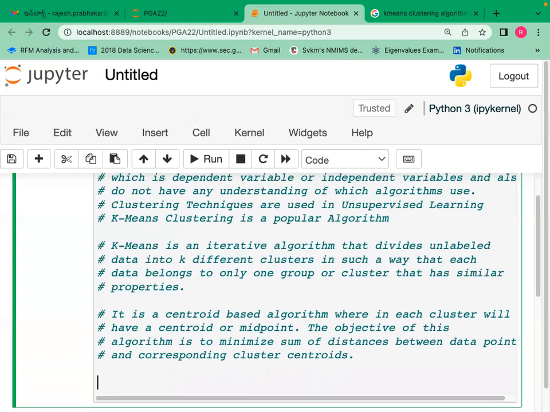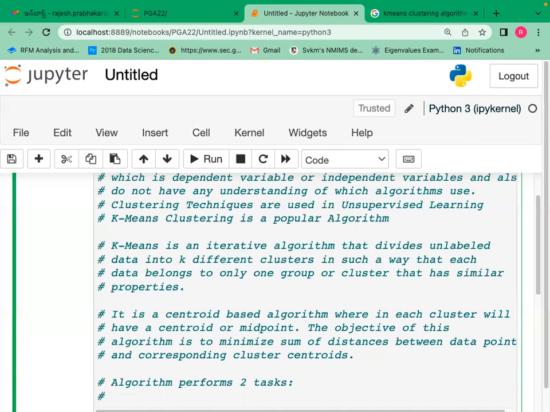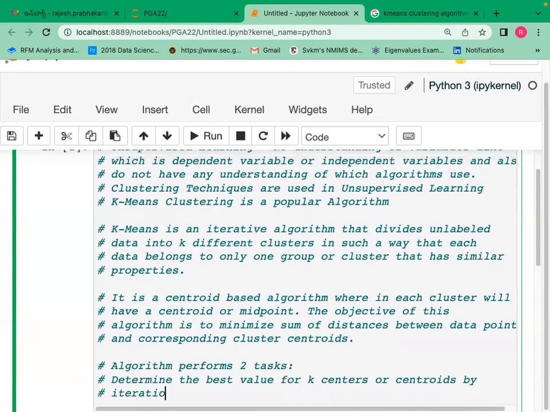So basically, the algorithm performs two tasks. One, determine the best value for K centers or centroids by iterations.